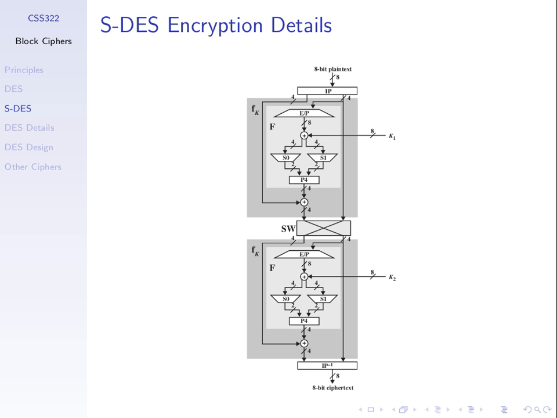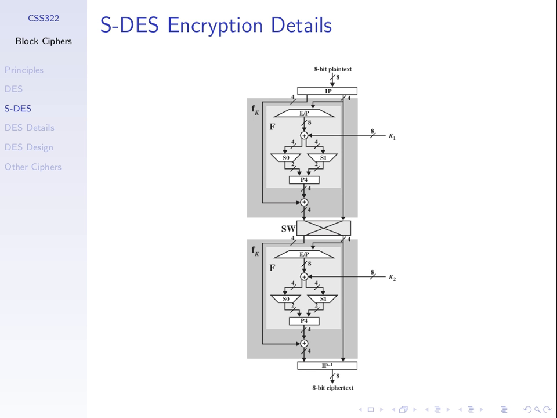So we have 8 bits output there. 4 bits come from the input, the right-hand side, and the other 4 bits come from applying this. We see an uppercase F, which is this light grey box in here, if we look at that as a function as well. We get 8 bits output, and then we apply an inverse of the initial permutation, which is the inverse of this first step, and we get the ciphertext as output.